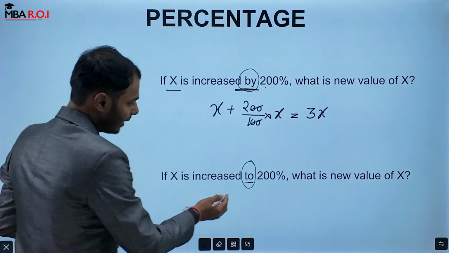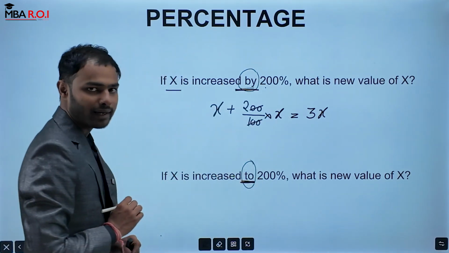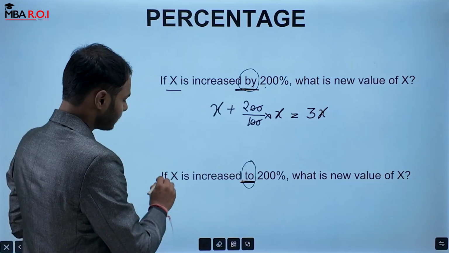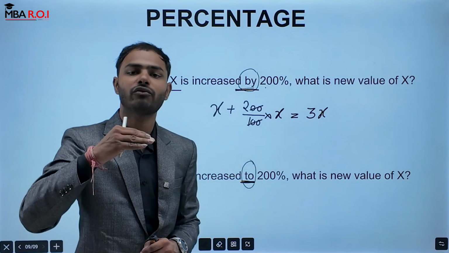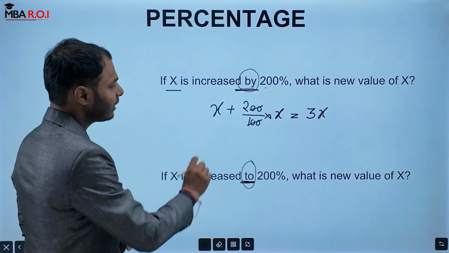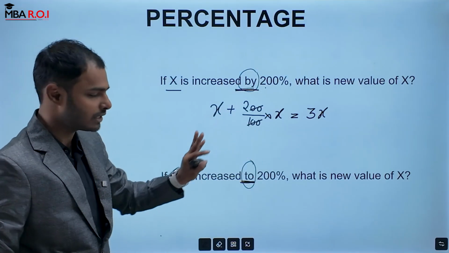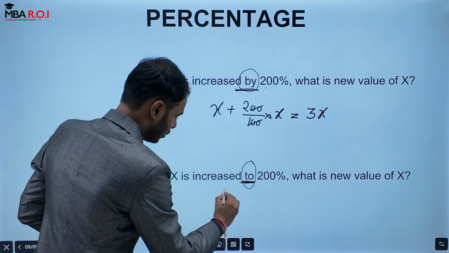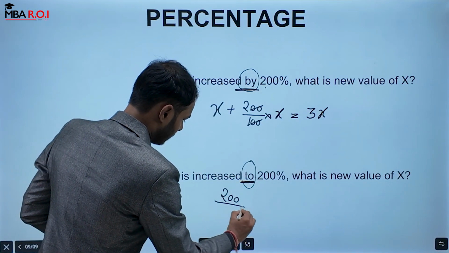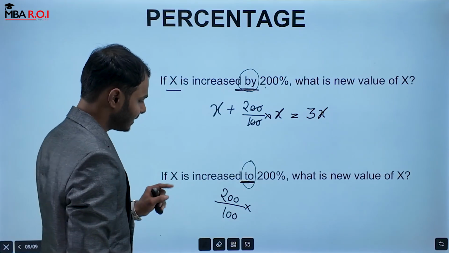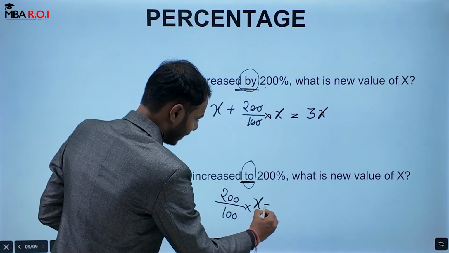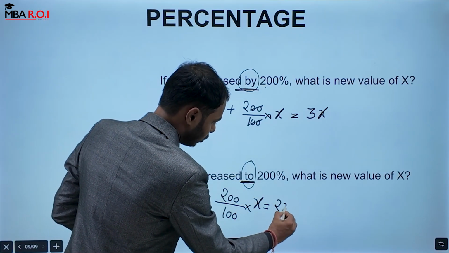Similarly, when we have this increased to, if x is increased to 200%, it means that we have to reach that level only. So here we do not have to do any kind of addition. We just need to find 200% of the initial value, which in this case is x, and our answer will finally be 2x.